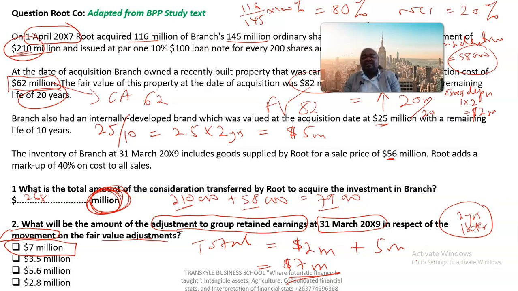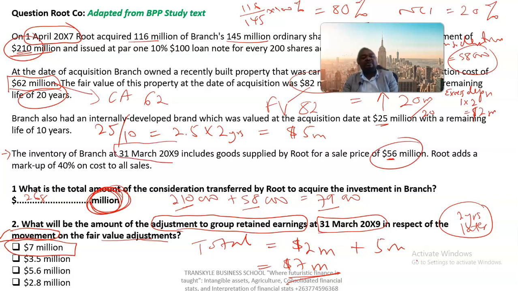I think this is the paragraph that talks of the intragroup. The inventory of branch at 31 March 2009 includes goods supplied by Root for a sale price of 56 million. So there were inventories which had been supplied at a price of 56 million.